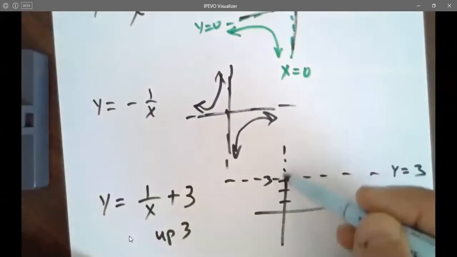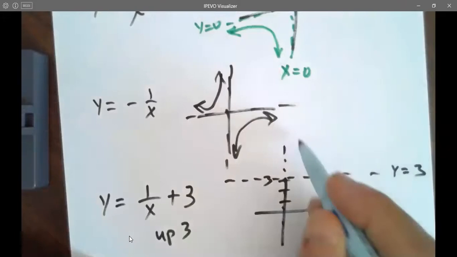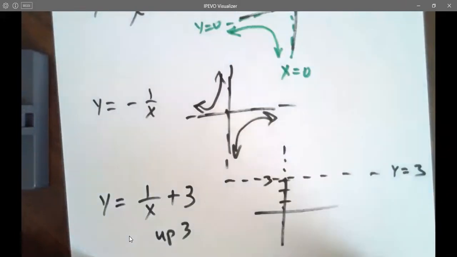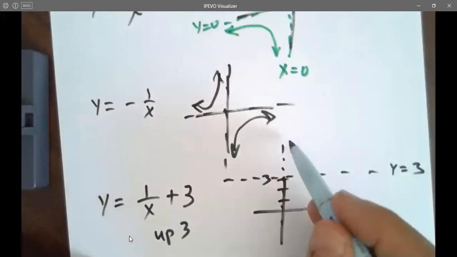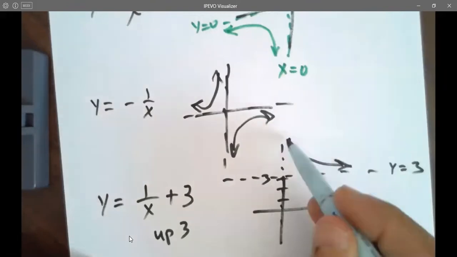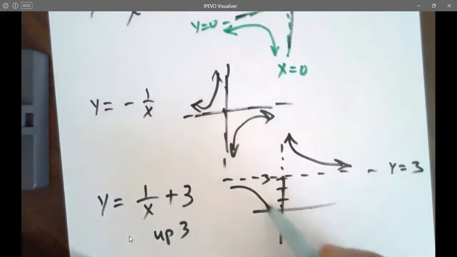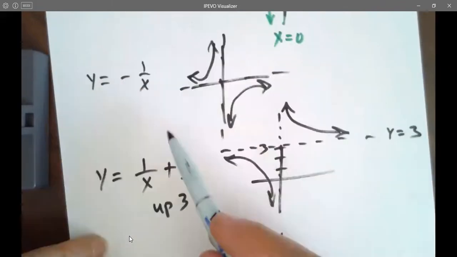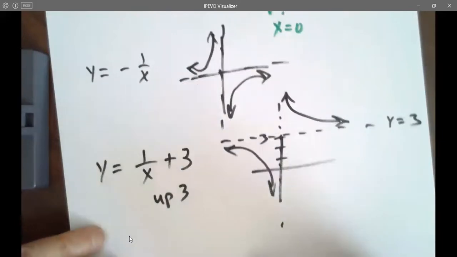The vertical asymptote did not move any. So you move the asymptotes first, and wherever those asymptotes go, the curves follow. Those curves hug along those asymptotes. If this were negative, then it would move the graph down.